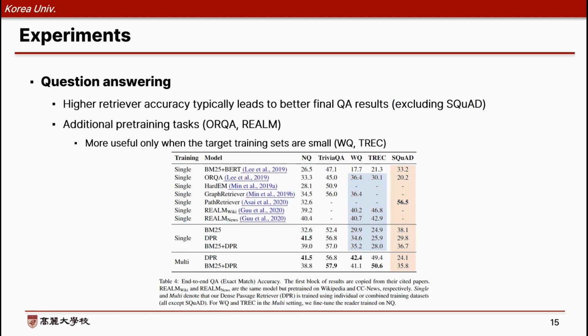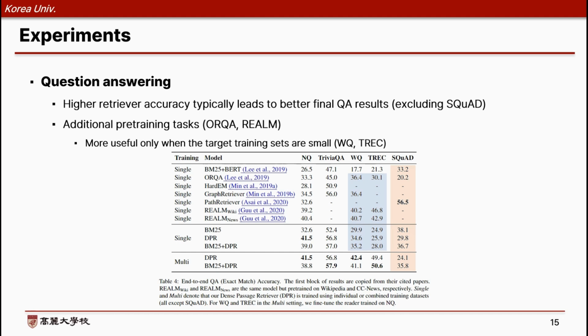Finally, the previous focus was on retrieval, but the following experimental table shows the result for question answering. Looking at the table, high retrieval accuracy also shows good results in QA, which is typically a downstream task.